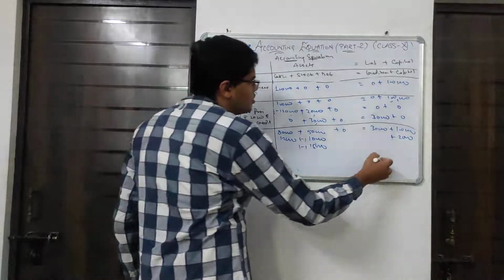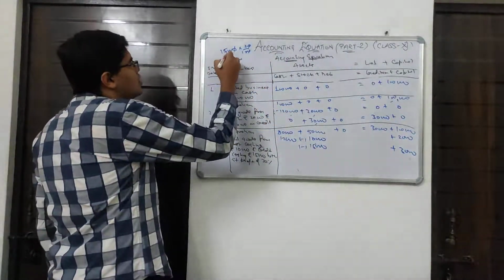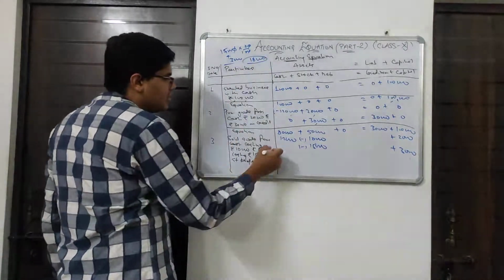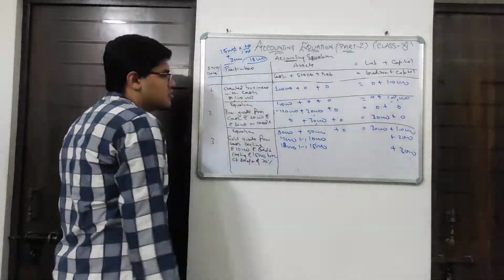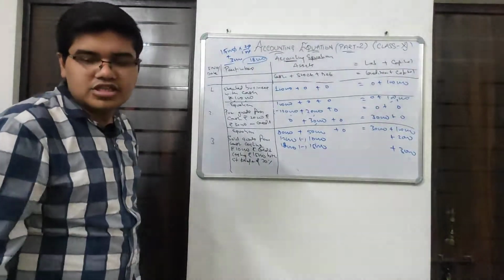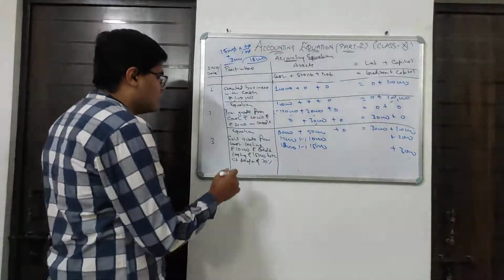So 3,000 would be shown here in the form of profit, and 15,000 plus 3,000, that is 18,000, will be added in the cash since the cash is coming into the business. So our transactions get completed here. Now we can frame an equation and total it to see whether our accounting equation is balanced or not.